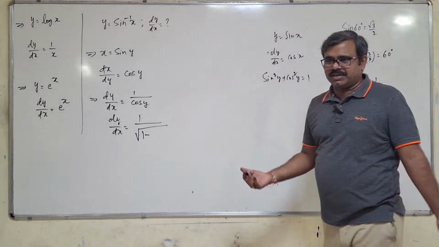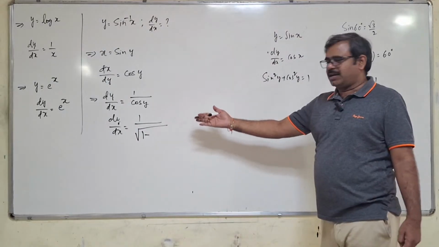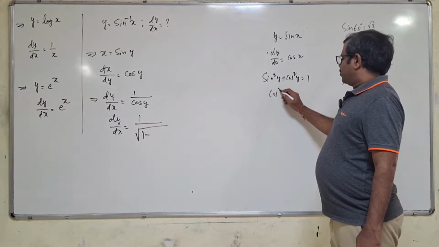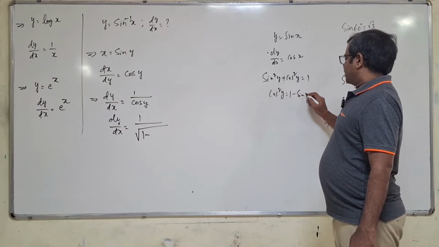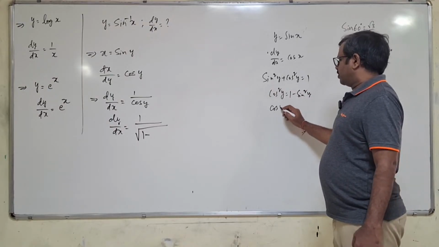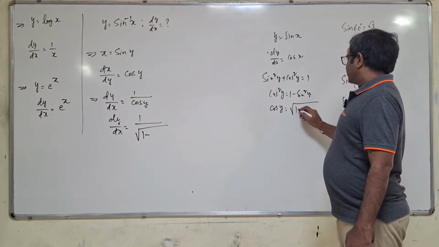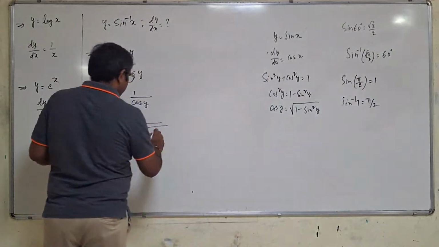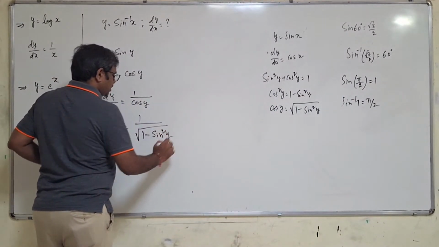You know this, right? In place of theta, we have y here. So cos square y is equal to 1 minus sine square y. So cos y should be equal to square root of 1 minus sine square y. So can I write it like this?